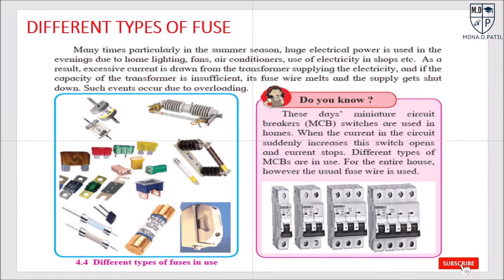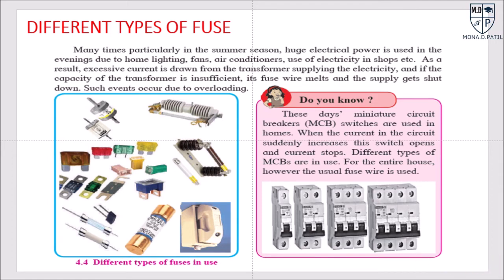Due to a fault in the equipment, or if the plastic coating on the live and neutral wires gives way or wears away, the two wires come in contact with each other and a large current flows through them, producing heat. If any inflammable material like wood, cloth, plastic, etc. exists around that place, it can catch fire.